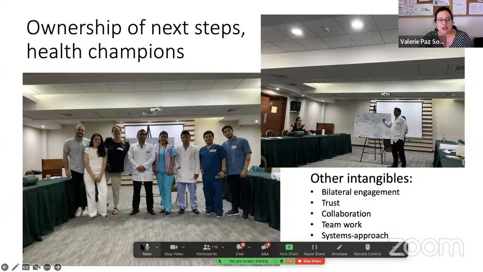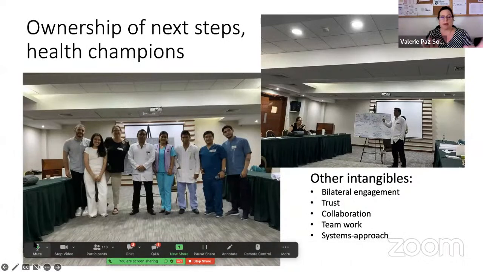But other intangibles came out of this small workshop, and this is only a part of the group. Another group was working on the referral and counter referral system. What were the other intangibles? We were engaging in bilateral exchange of information, knowledge and ideas. Trust is being built, increased. This is like the 10th workshop that we continuously meet with these individuals, whether at a private level or in these workshops.